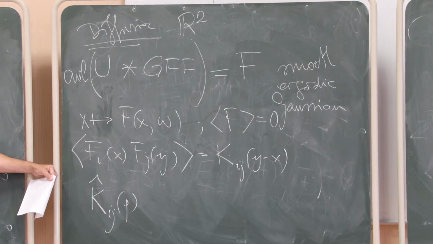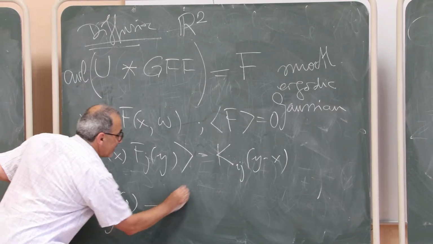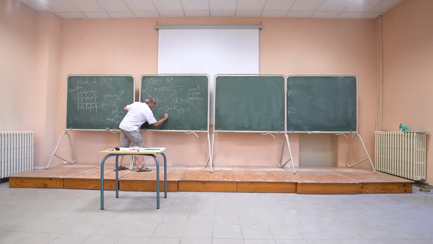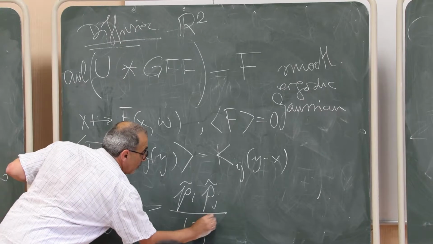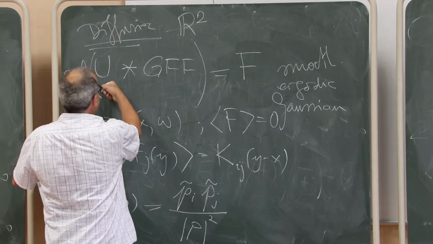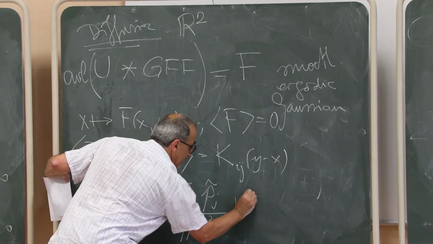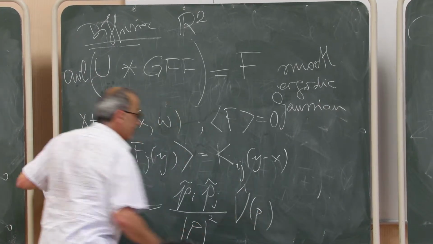It will be p_i tilde p_j tilde over the norm of p squared, times v hat of p.